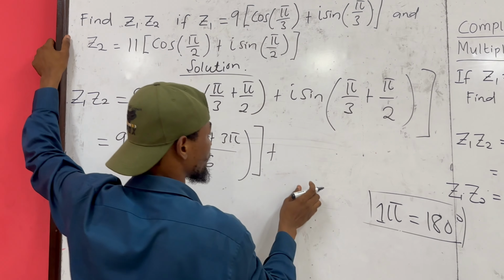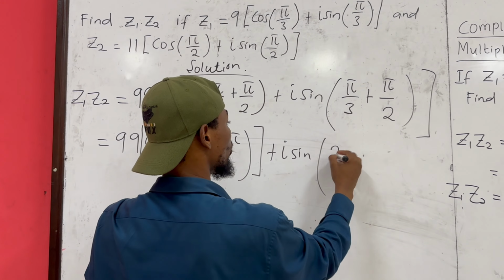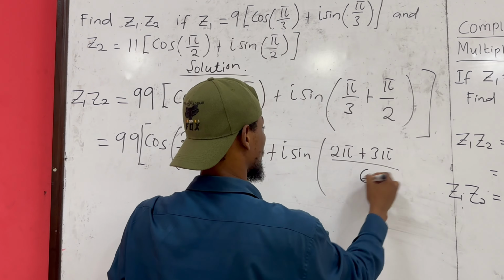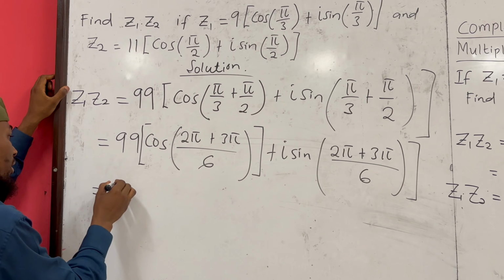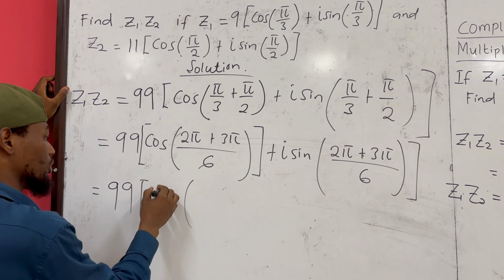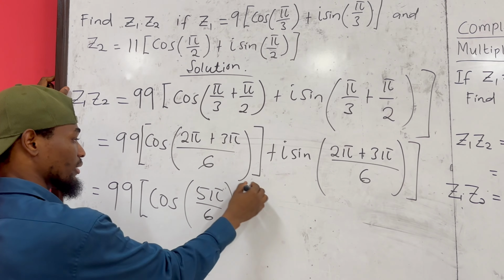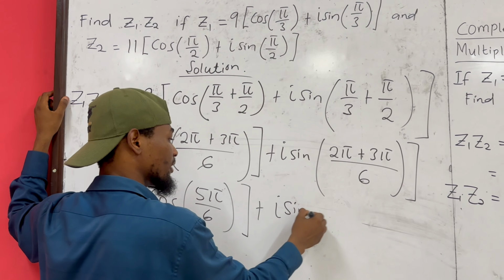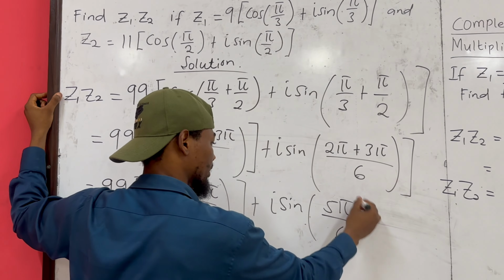Then plus i sine is equal to 2 pi plus 3 pi on 6. So I'll have 99, then cos, this becomes 5 pi on 6, then plus i sine, that's our 5 pi on 6.